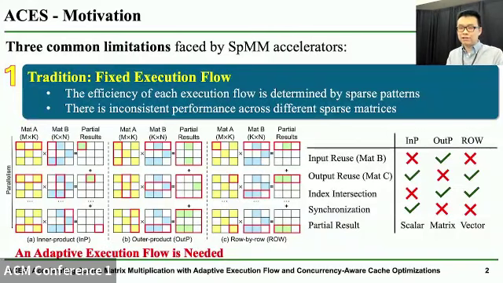However, each execution flow has different characteristics in terms of input and output data reuse, index intersection efficiency, and synchronization requirements. So in fact, a fixed execution flow may provide inconsistent performance across different sparse patterns. Therefore, adaptive execution flow is needed.